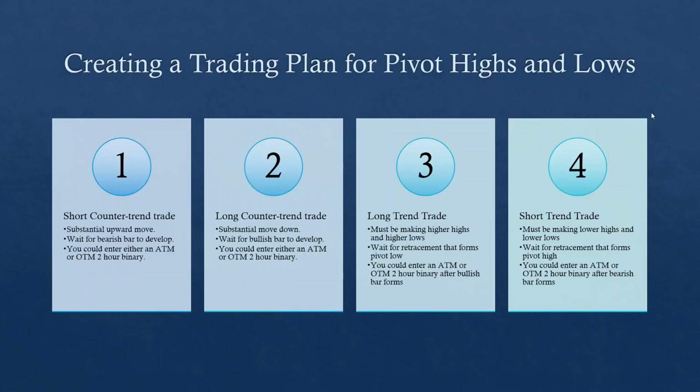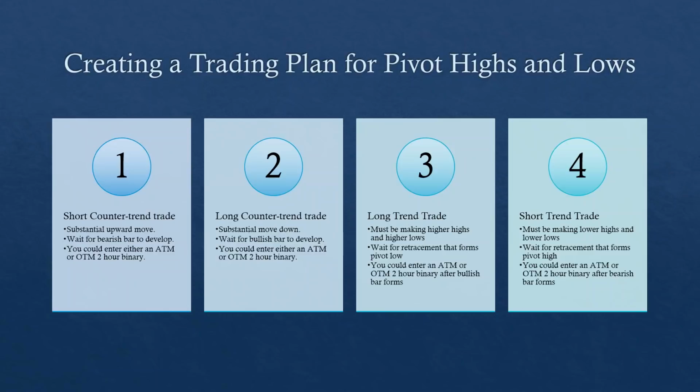Now, could you trade pivot highs and pivot lows? You can. There's a couple of different ways that you can actually do it based on whether you're a counter trend trader or whether you're a trend trader. If you are a counter trend trader, okay, then you want to see a substantial upward move.